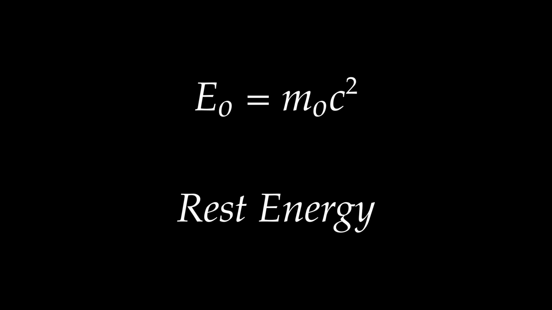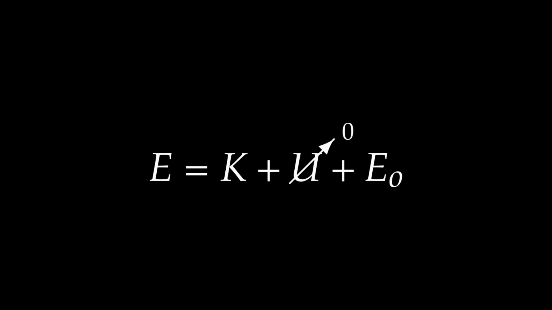Let me imagine for the moment that there are no potential energies, and I'd like to write the total mechanical energy. The total mechanical energy, E, of the particle then is simply the kinetic energy. But now I realize that that energy also includes an amount of rest energy. So I have to add the rest energy to that, because now the total mechanical energy includes this new energy that I just discovered I didn't realize was there.